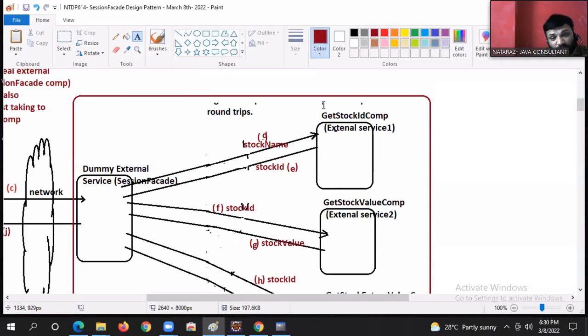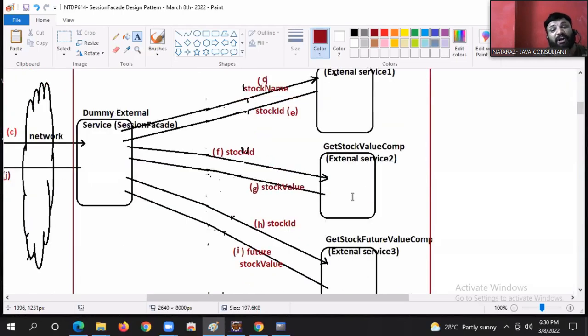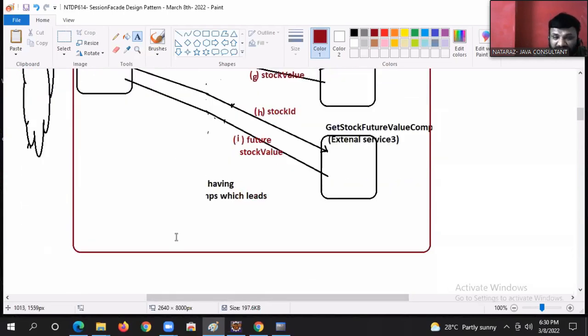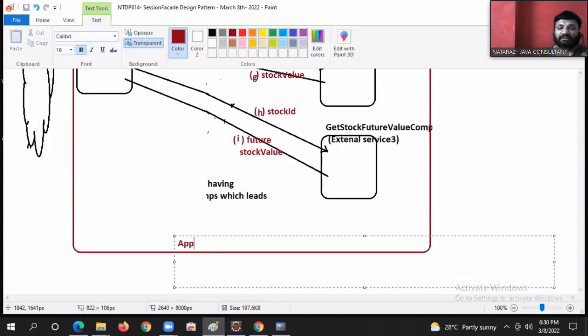But you have to assume that all three components are related components. They are there in the same server. The dummy component is also there in the same server, right? Okay, same environment.